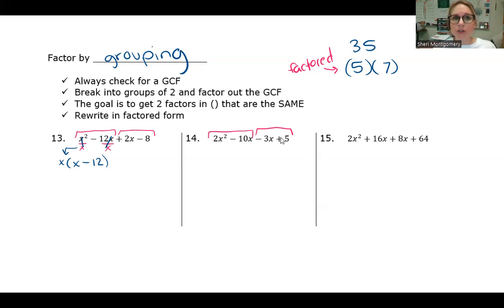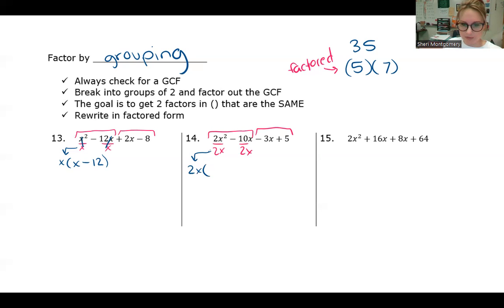We're going to look at our 2 different groups. For our first group, I have a 2 and a 10. I can definitely factor out a 2. I have an x squared and an x. I can definitely factor out an x. So out of those, I'm going to factor out a 2x. That goes out into the front, 2x.